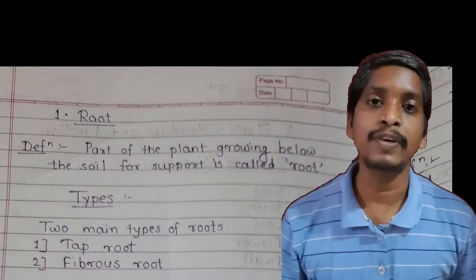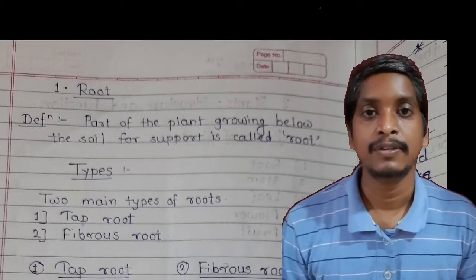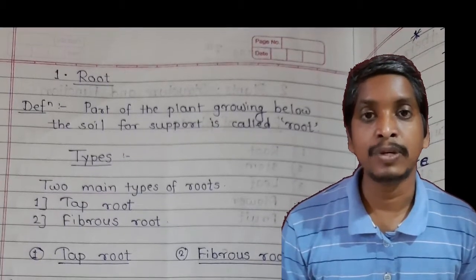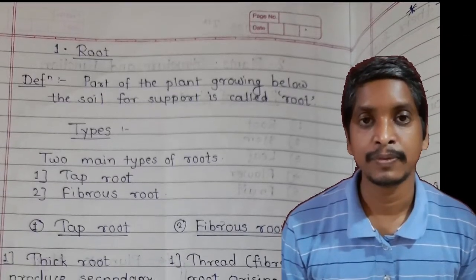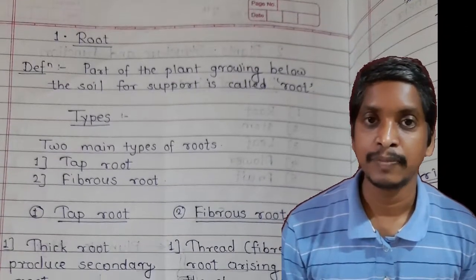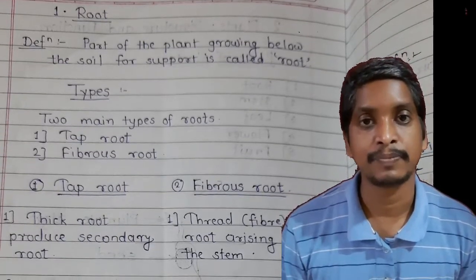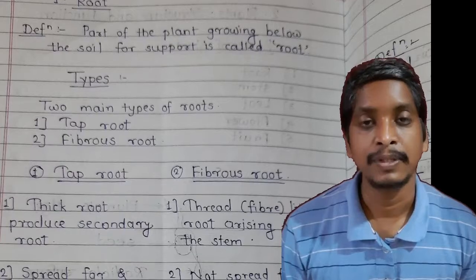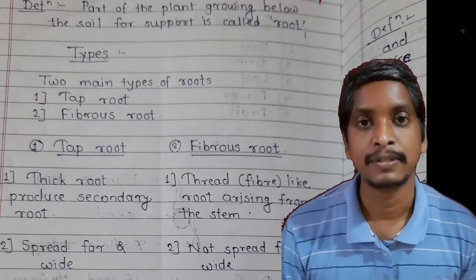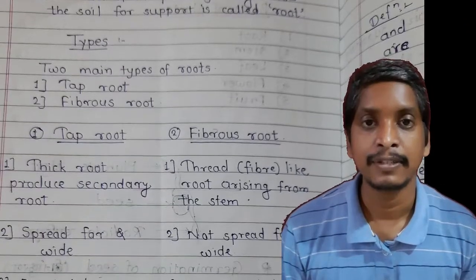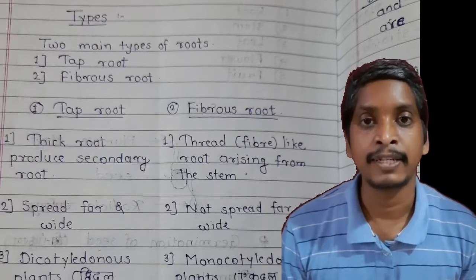Now, how can we differentiate between taproot and fibrous roots? First, taproots are thick roots which develop secondary roots. Fibrous roots are thread-like or fiber-like roots. Taproots spread far and wide, while fibrous roots do not spread far and wide.